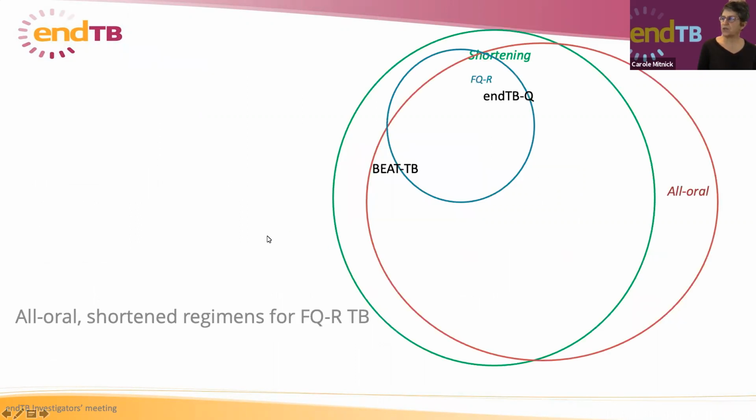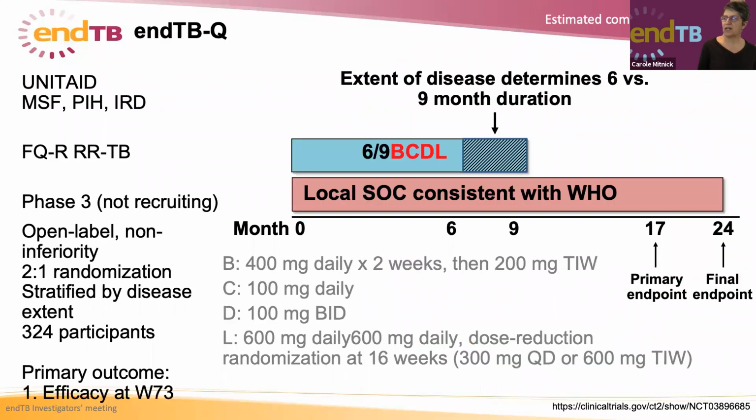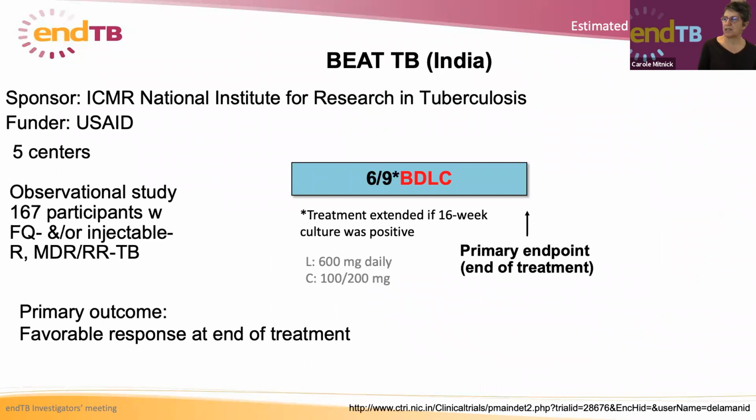Now moving on to the all-oral shortened regimens for quinolone resistant TB, and I'm including both endTB-Q and BEAT-TB in this category. endTB-Q, again, you're all very familiar with. It retains the same linezolid dose reduction strategy as endTB, and exclusively enrolls people with quinolone resistant, rifampin resistant, or MDR TB.